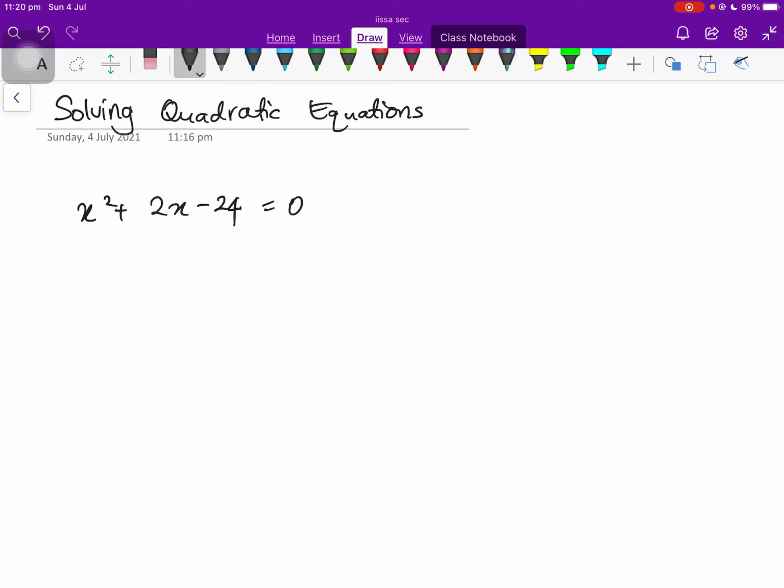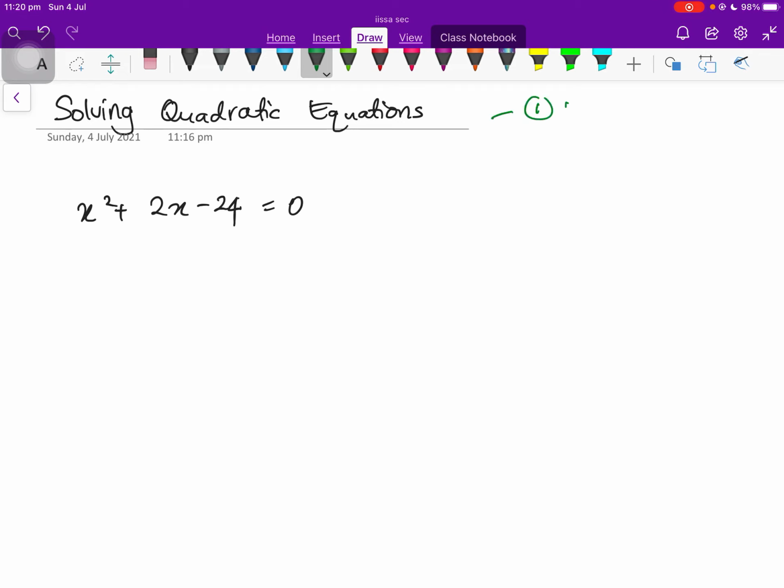Inshallah, today we are going to continue with the topic of solving quadratic equations. As you all know, we've already learned how to solve quadratic equations by factorization. To recap, we have three methods that we can use to solve a quadratic equation.